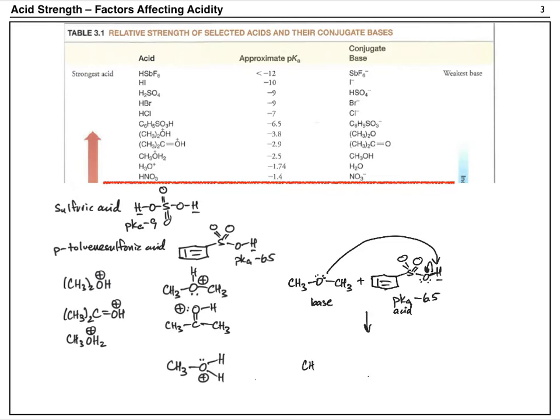So we form the protonated ether, and then we're also generating the conjugate base of the paratoluene sulfonic acid. So we saw this pKa was at negative 3.8.